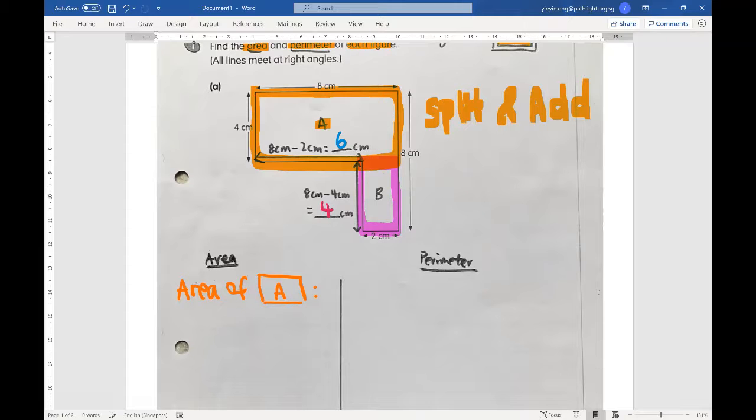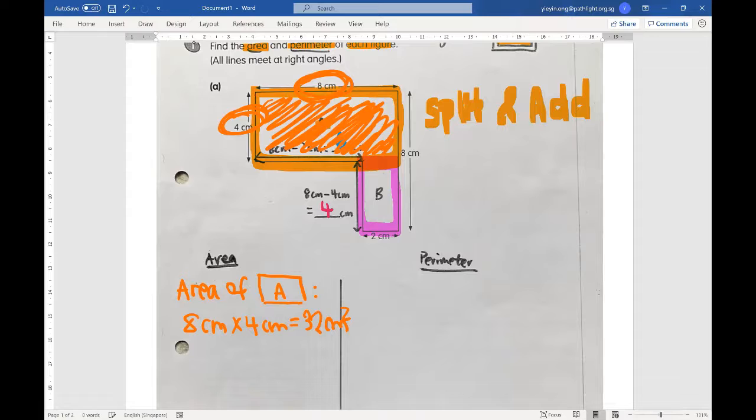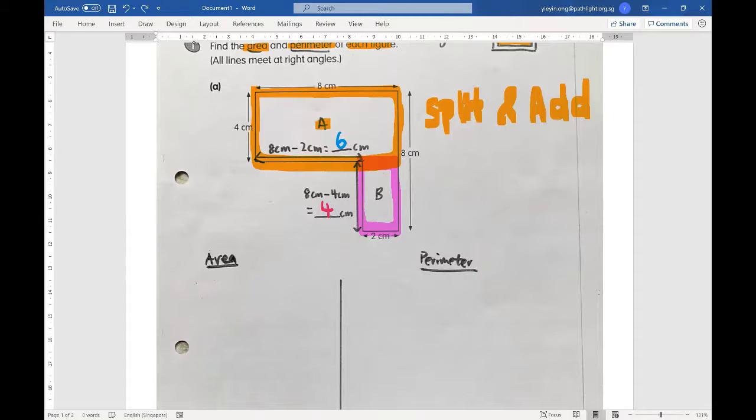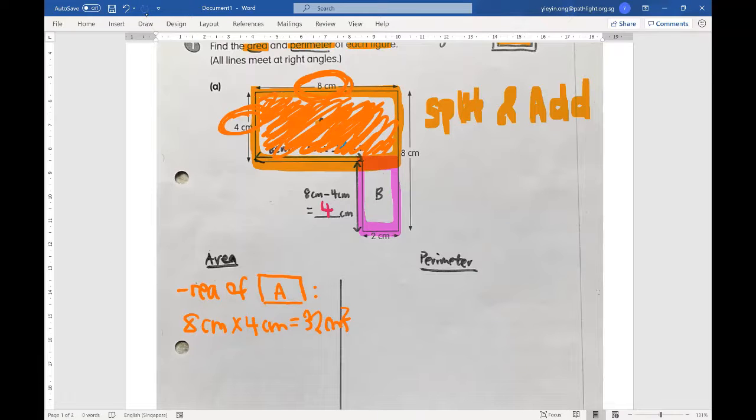Area of rectangle A, length times breadth, so 8 centimeter times 4 centimeters. That will give me 32 square centimeters. This is the area of my rectangle A, the amount of space in the rectangle. So area of rectangle A would be 32 square centimeter.